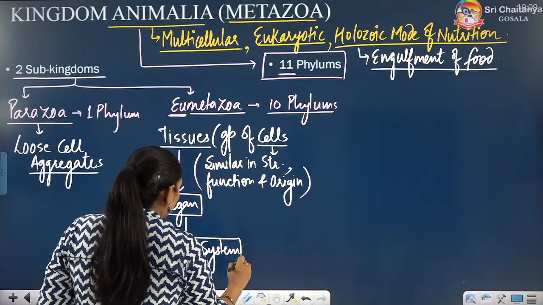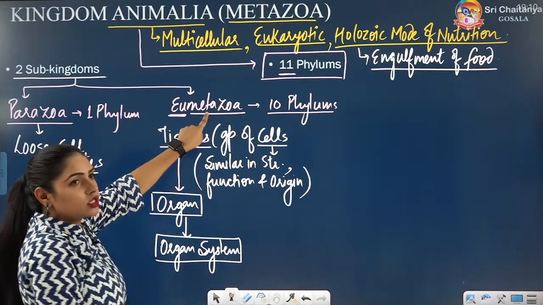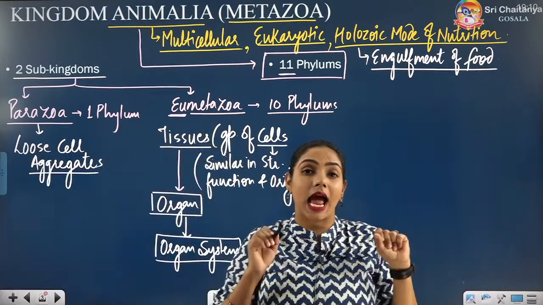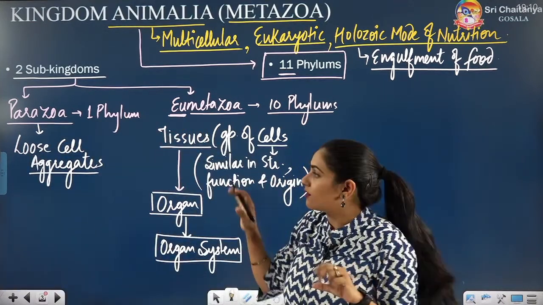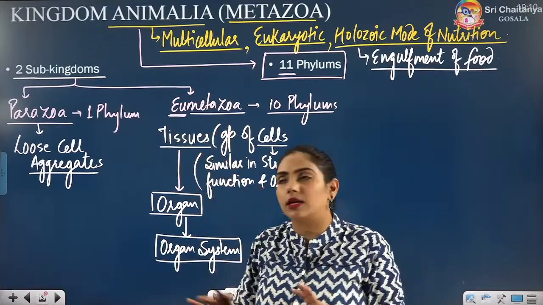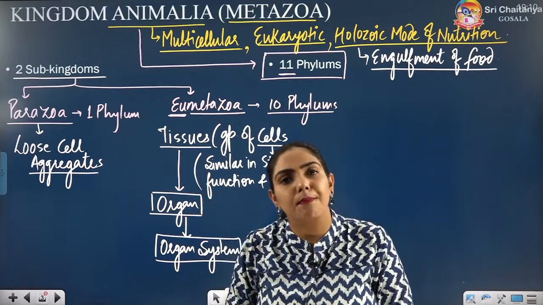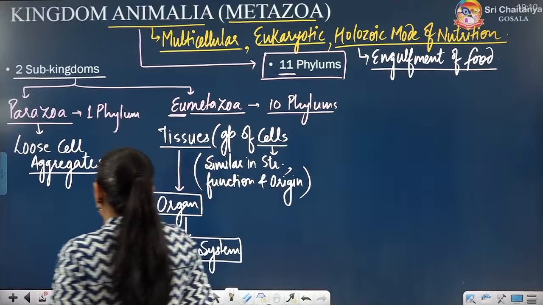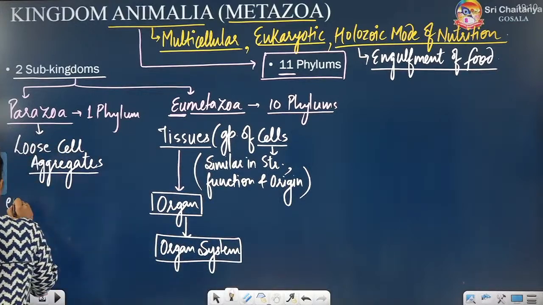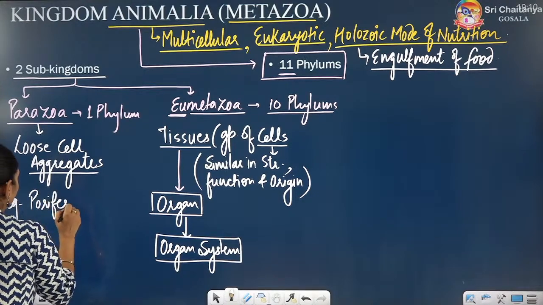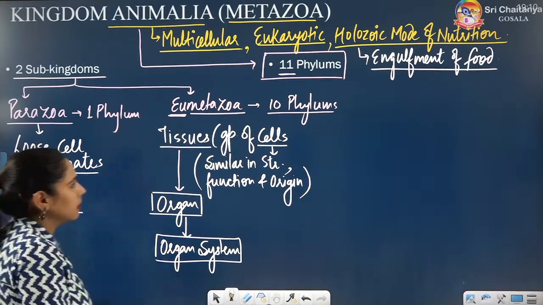So if we talk about the eumetazoa, we are going to find tissues, organs and organ systems. But we are not going to see tissues, organs and organ systems in the subkingdom parazoa. So this is the main difference. Porifera is the example of parazoa, which is the first phylum in the animal kingdom.